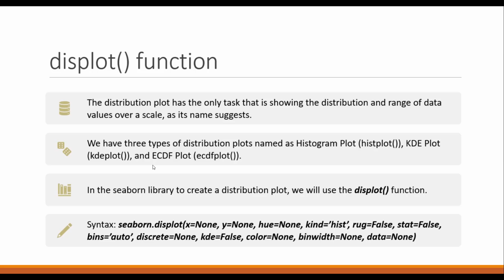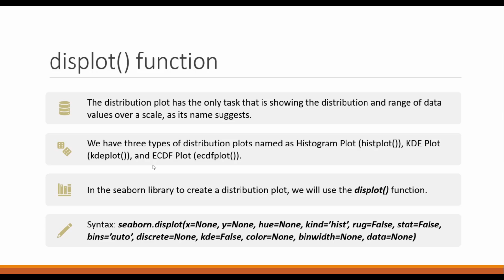The next one is bins. It is the number of bins to be displayed. The next one is discrete. This is used to avoid the gaps that may appear if it is set to false. The next one is kde. If it is set to true, it computes the kernel density estimate to smooth the distribution.